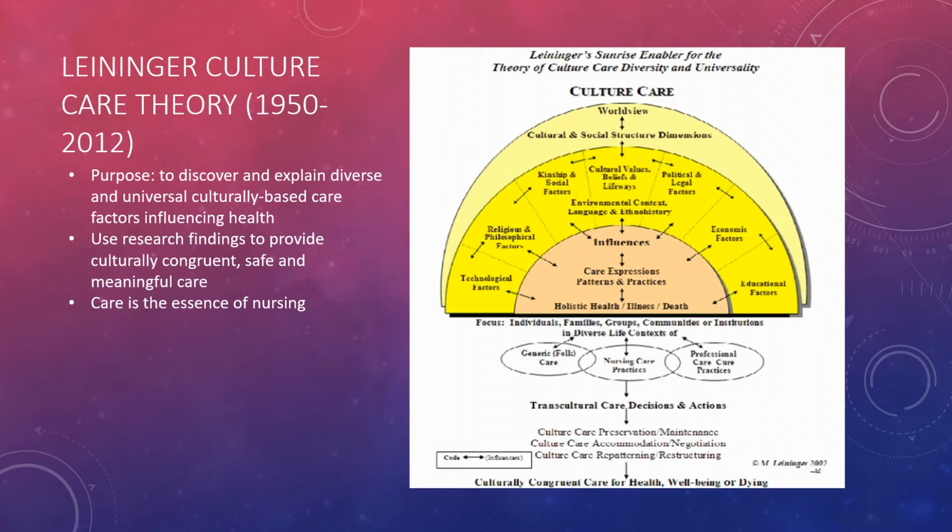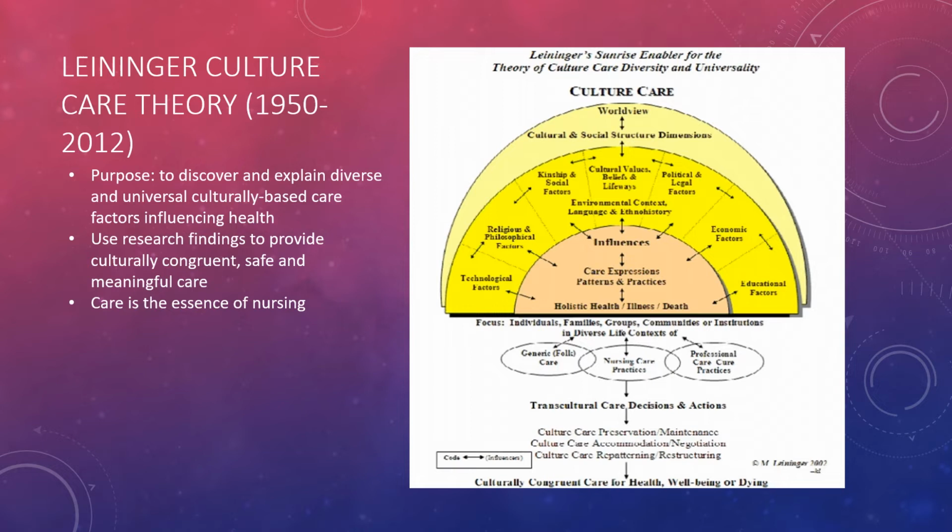So each of those different factors, but really kind of domains of life, impact a person's worldview ultimately, but then they're influenced by how they experience care. So care expressions, patterns, and practices, and they influence care expressions, patterns, and practices.